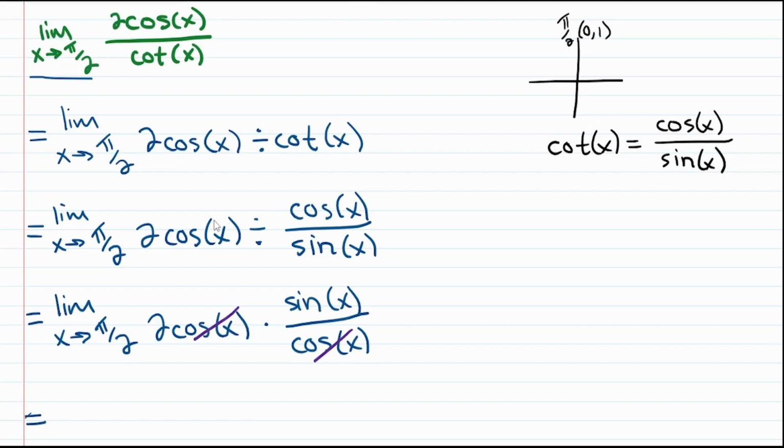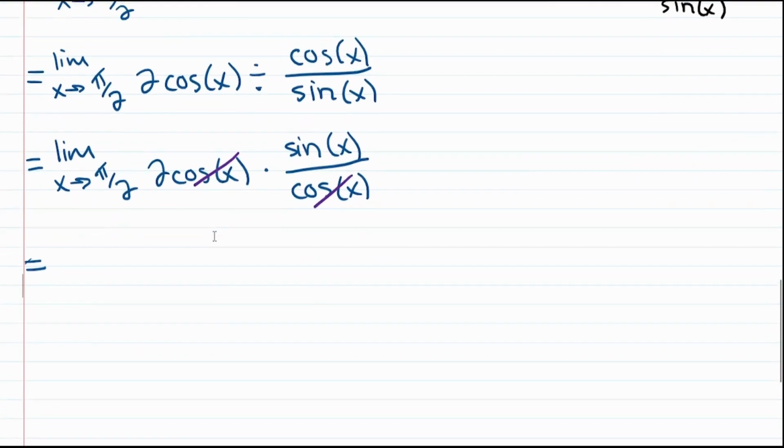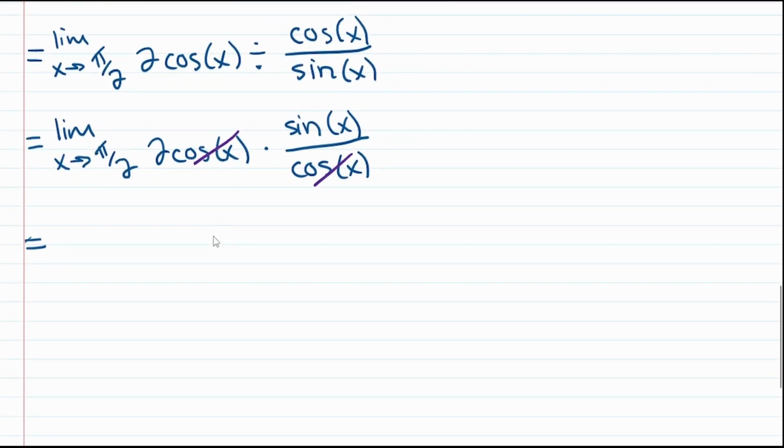This is perfect because if we were to try to just plug in pi over 2 again, we would still have that 0 in the denominator, so we needed to get rid of that cosine. Now we can write it as the limit as x approaches pi over 2, and all we're left with is 2 sine x. Now we can go ahead and plug in pi over 2 for x.